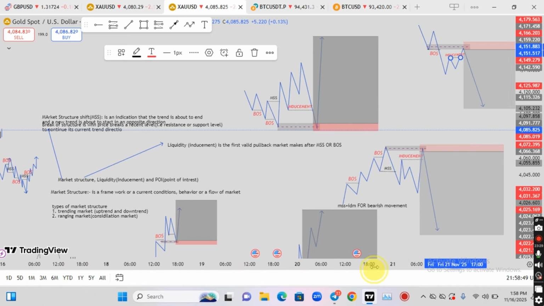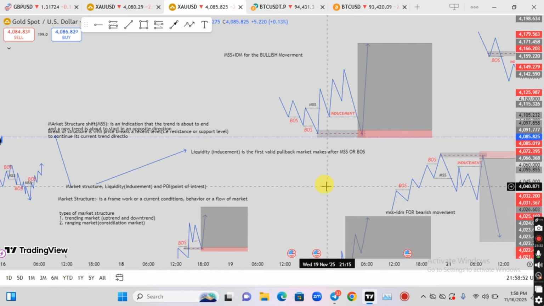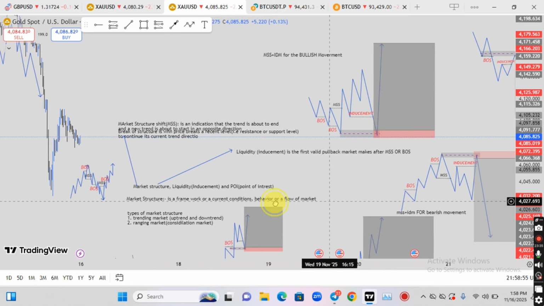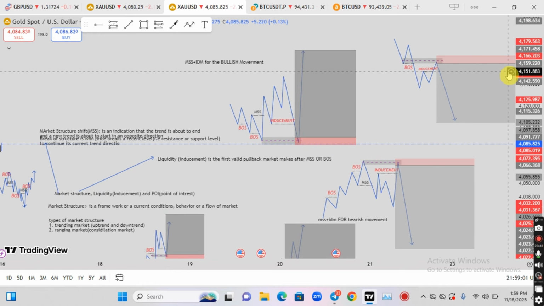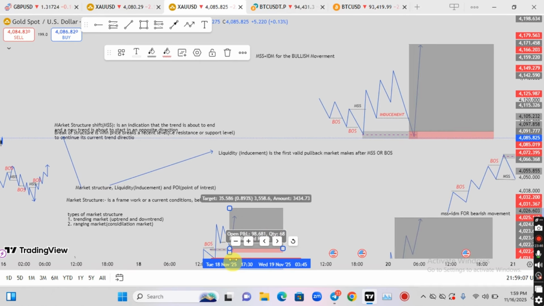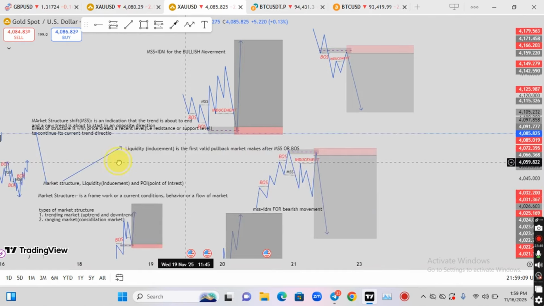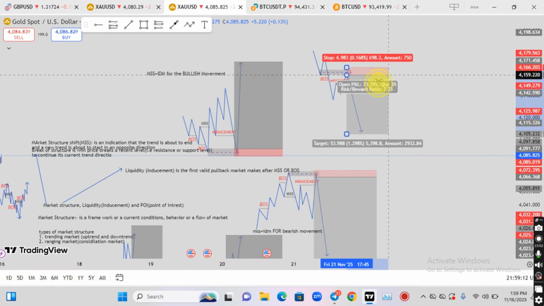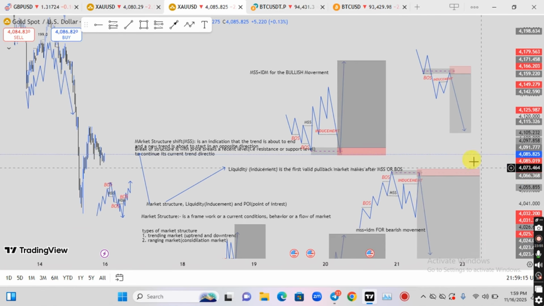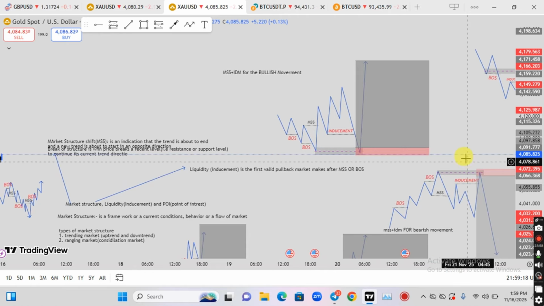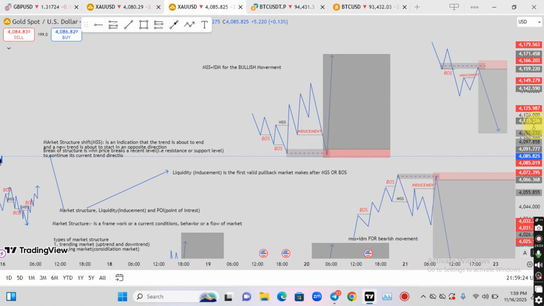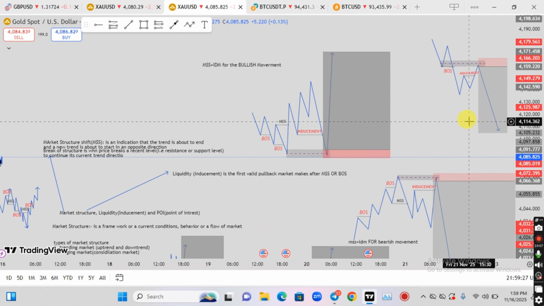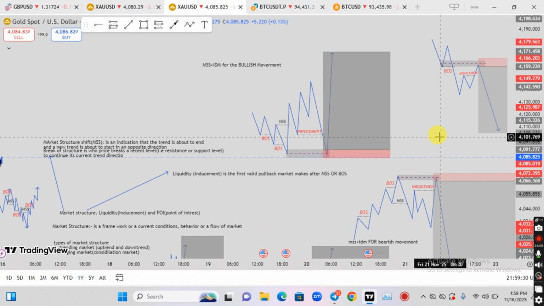Inducement, and then pick out our point of interest from here. That's alright. We respected these zones. Respect this zone. Now not selling, and this will be my BOS for the bearish movement.